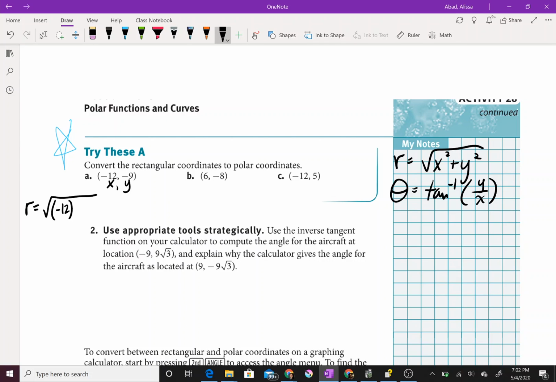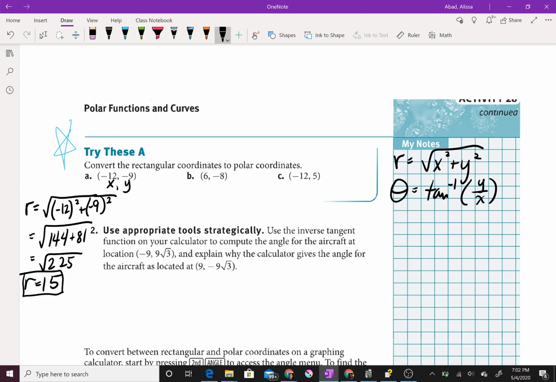So it's the square root of (-12) squared plus (-9) squared. So since the negative sign is inside of the parentheses there, when you square, you do end up with a positive value. So you have 144 plus 81. That's going to make 225 in the square root, and the square root of 225 is a perfect square. r is going to be equal to 15.